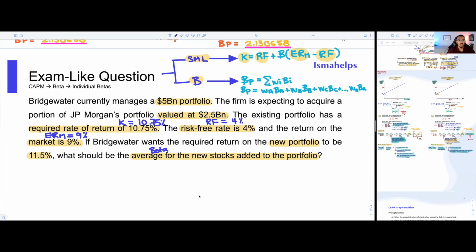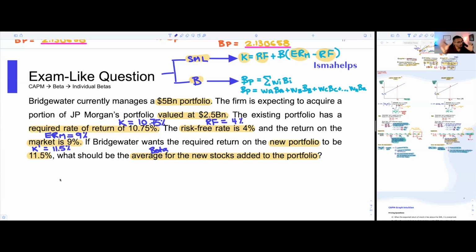They want to know what the average beta will be for the new stocks added to the portfolio, so that their new portfolio, K prime, is equal to 11.5%.